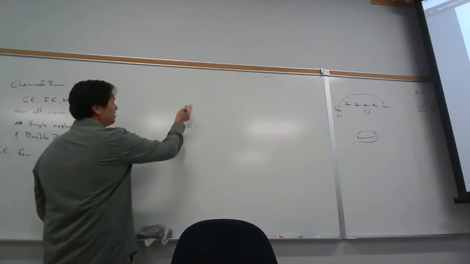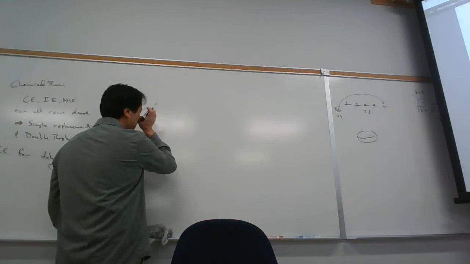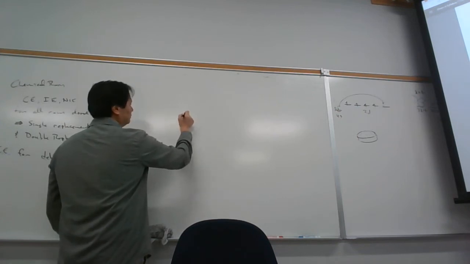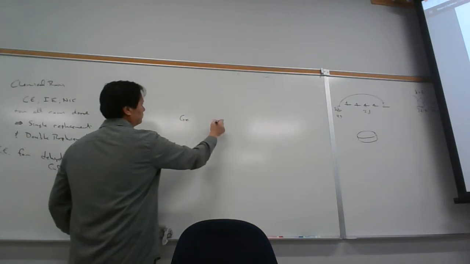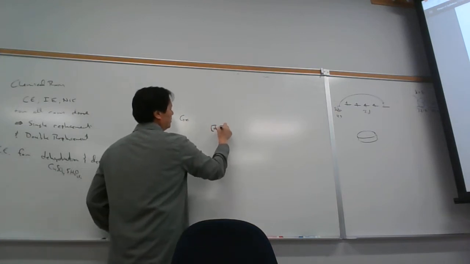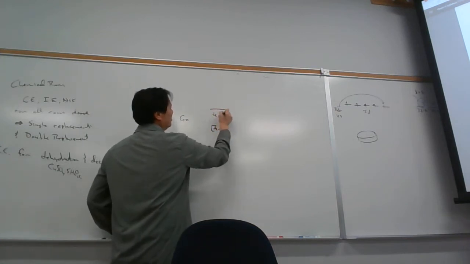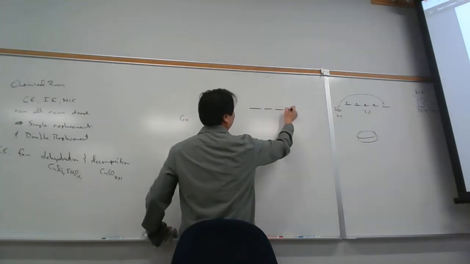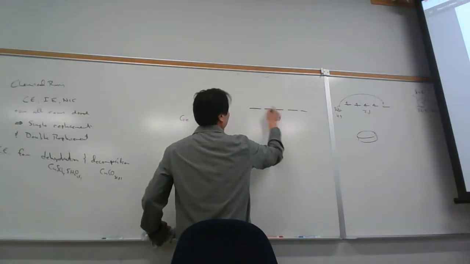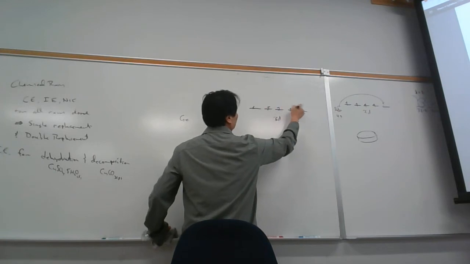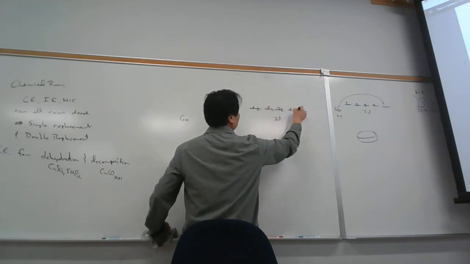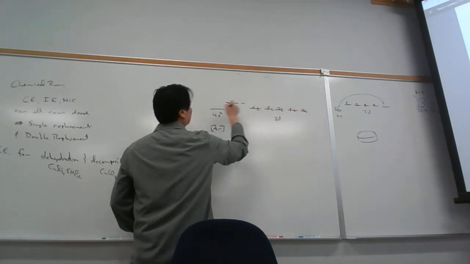Germanium? Is that right? Yeah. Germanium is argon, 4s2, 3d10, 4p2.